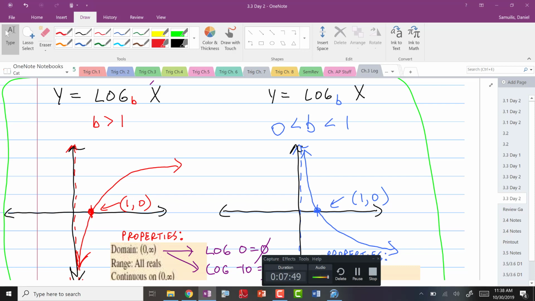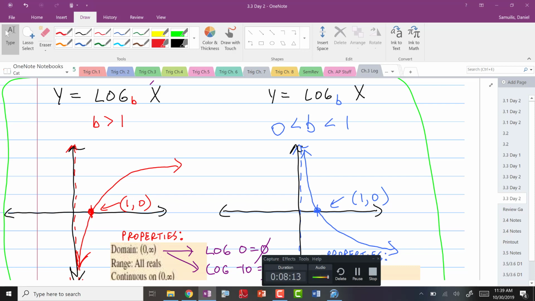They love log base e. What's log base e, everybody? It's called ln. And e is 2.718. So it would be very similar to what the log base 3 graph or the log base 2 graph would look like.